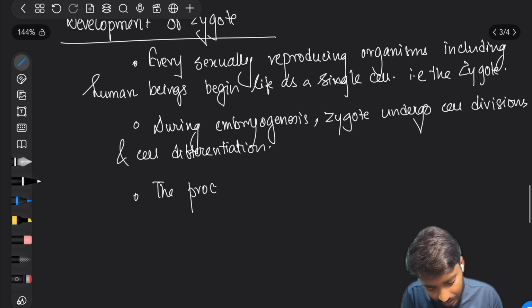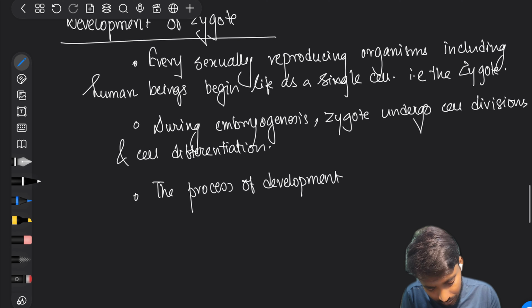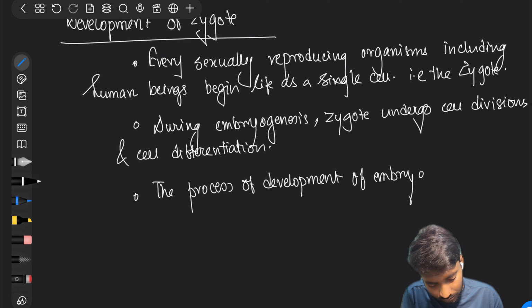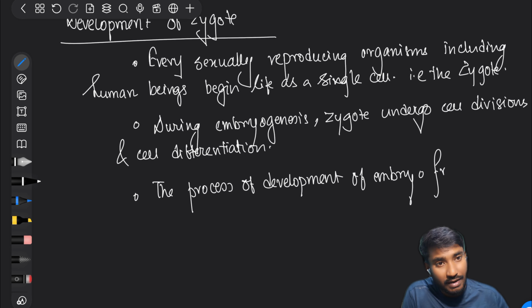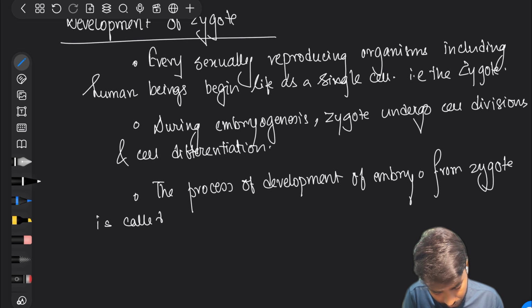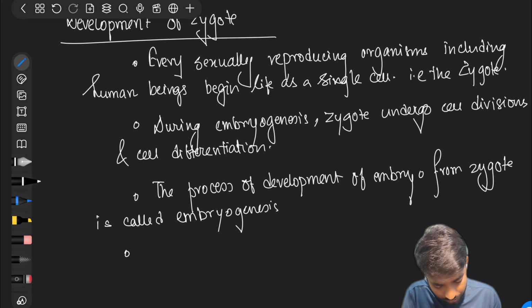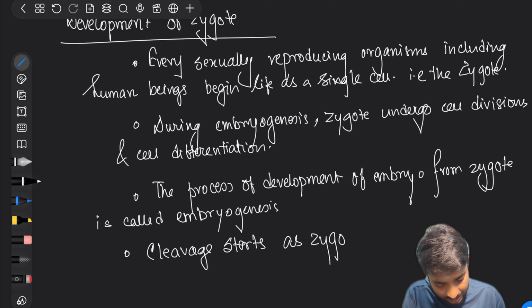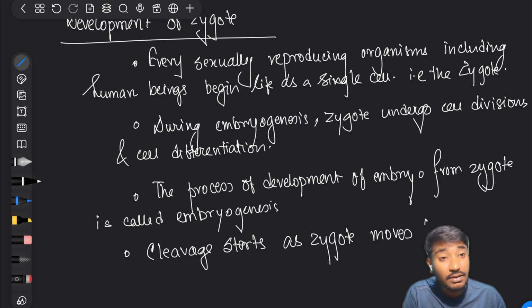The process of development of the embryo from the zygote is called embryogenesis. Cleavage starts as the zygote moves through the isthmus to the uterus.